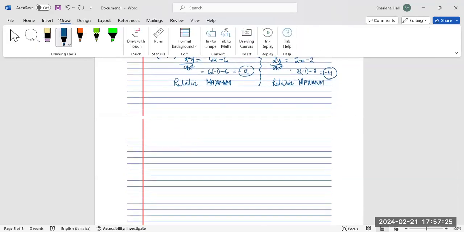Say, for example, I ask you to calculate the point of inflection. Recall d squared y by dx squared is equal to 6x minus 6.